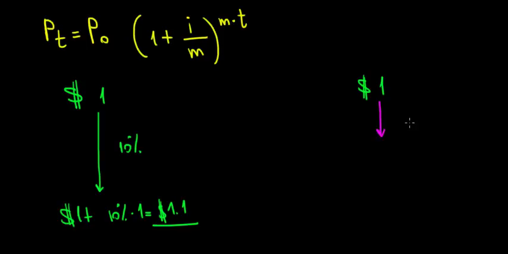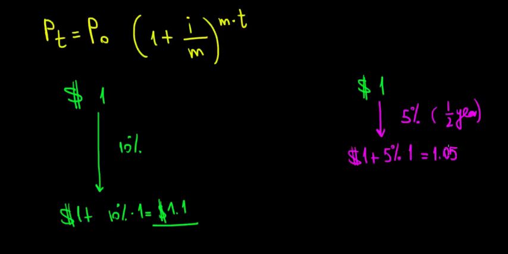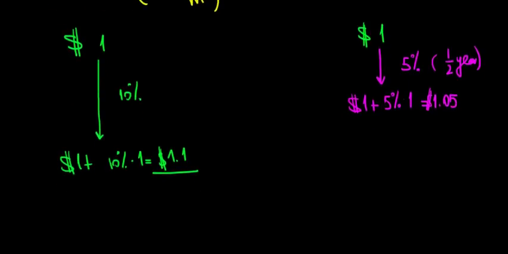So after 6 months, we're compounding it into 5%, and we're reaching a point, let's say this is half of a year, of $1 plus 5% of $1, and that's equal to $1.05. And then for the other half of the year, we compound it again by 5%. That's for the second half of the year.